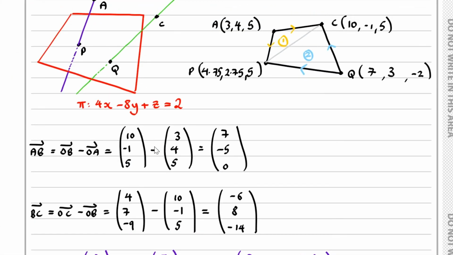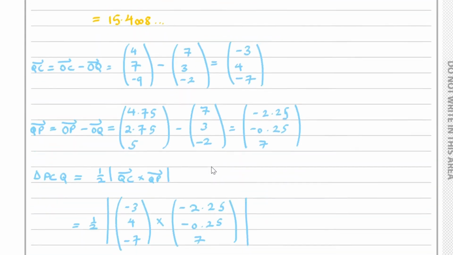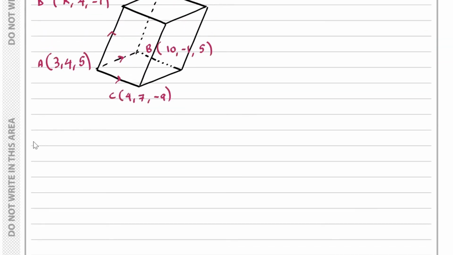We should have somewhere. Let's write those down. AB is equal to (7, -5, 0), and AC is equal to (1, 3, -14).